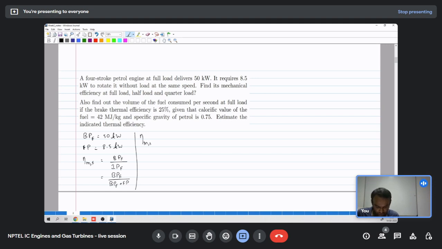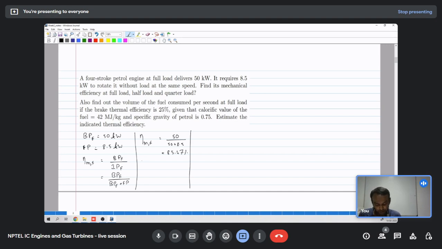So mechanical efficiency is 50 divided by 50 plus 8.5. So this is 85.47%.